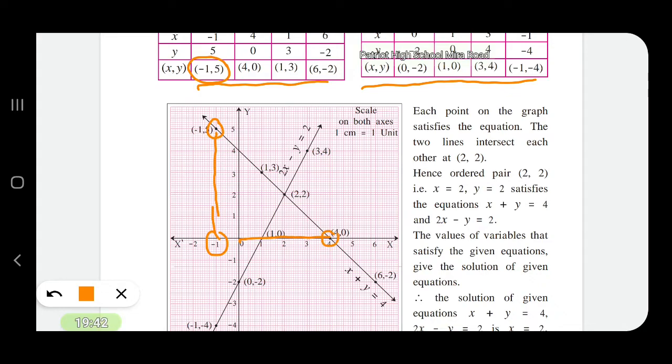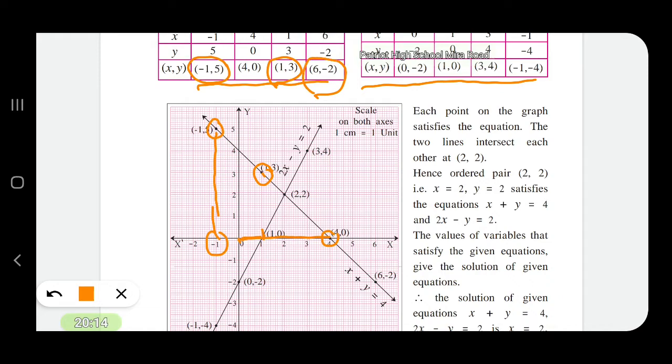Your third point, 1 and 3. In the x direction you move 1 by 1. Okay, you come here, this is your 1, and from here you move plus 3 in the y direction. 1 2 3. So this is your point 1, 3. Now this remaining point, it is 6 and minus 2.